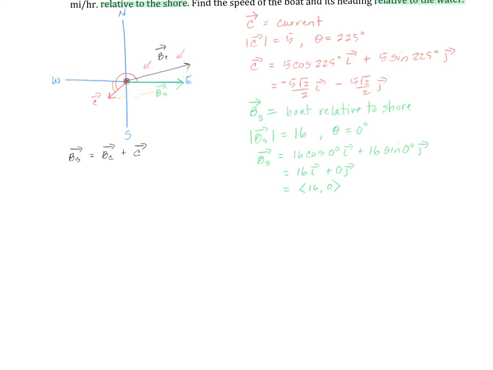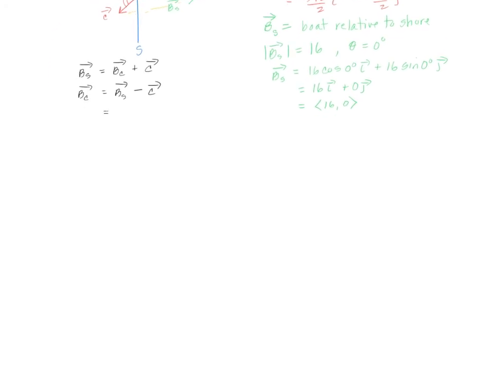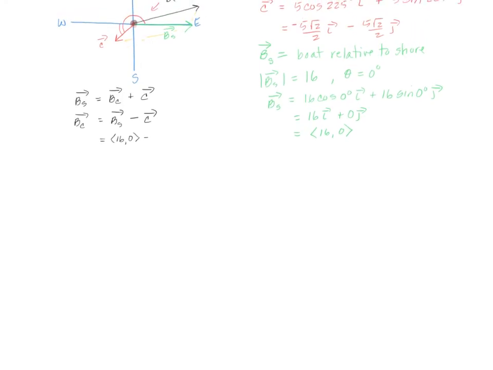Or in other words, if I was going to find the boat relative to the current or the water, that would be equal to the boat relative to the shore minus the current, which would give me 16, 0 minus, and my other vector was, I'll write it in component form.